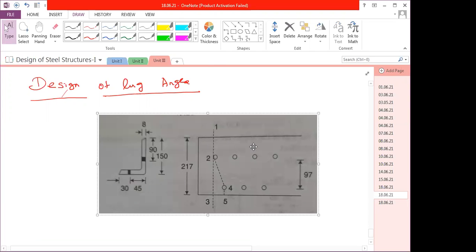Anybody can say that? What is the procedure? What is the procedure?